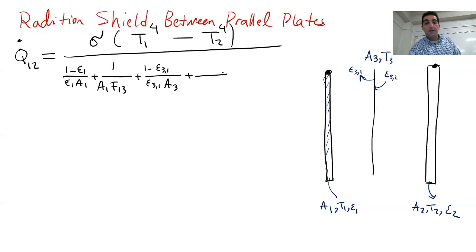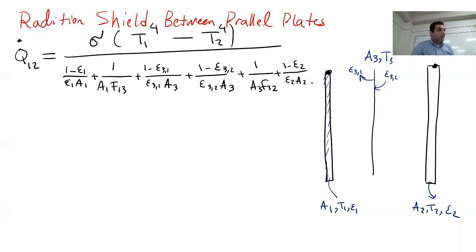The other one is the other side of the shield with surface resistance, (1 minus epsilon 3,2) divided by (epsilon 3,2 A3). A3s are the same, other side. The other one is the view factor between these two, which is 1 over A3 F32, and finally, I have the surface resistance of the surface 2. See, that's really fun.